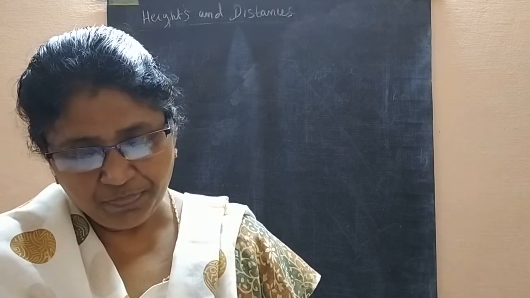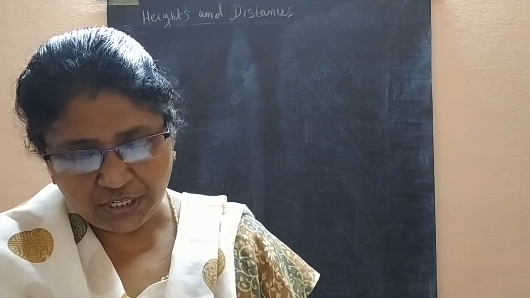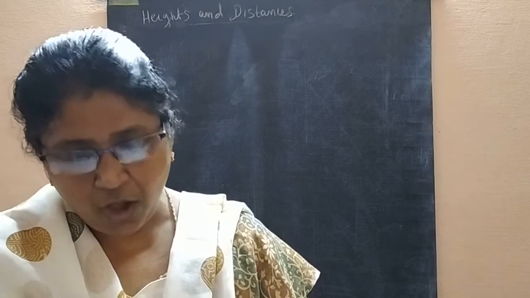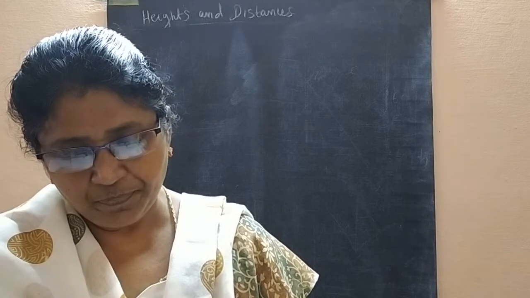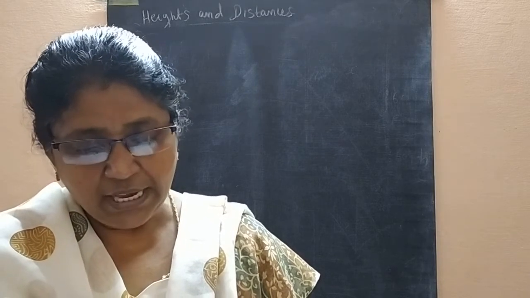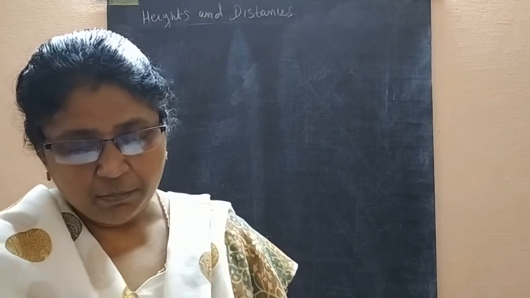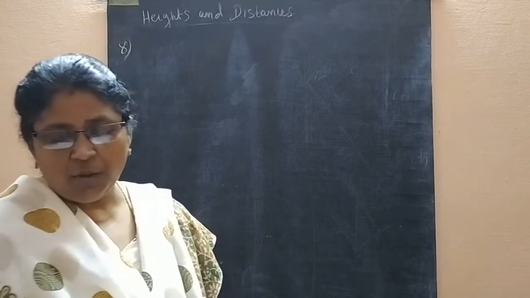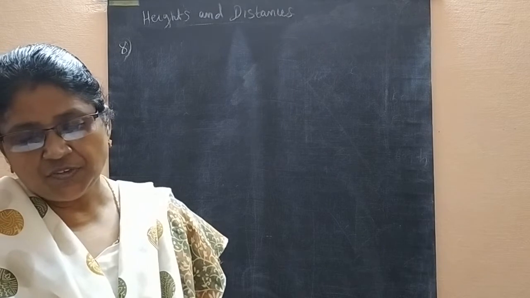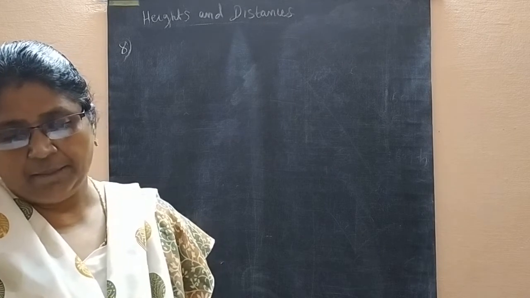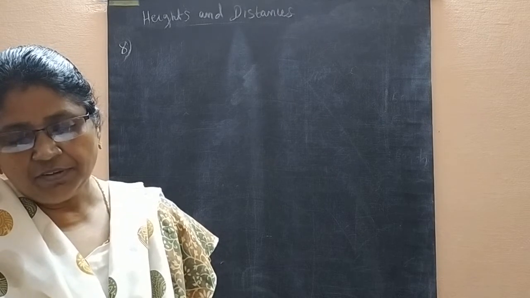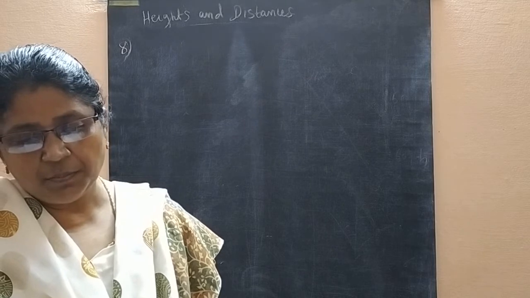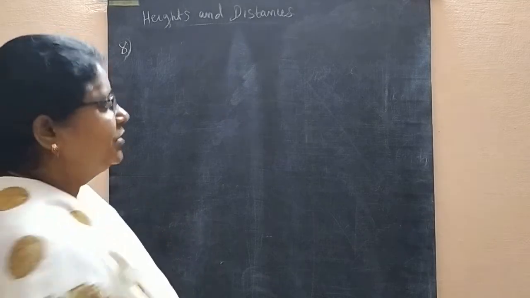Question is, a bird is sitting on the top of a tree which is 80 meter high. The angle of elevation of the bird from the point on the ground is 45.